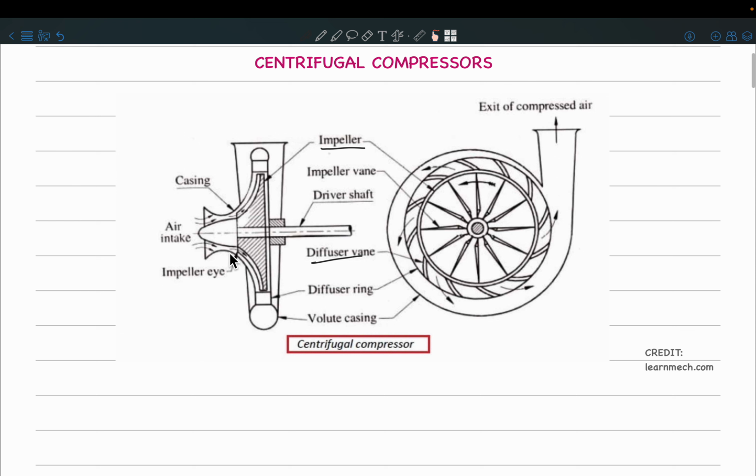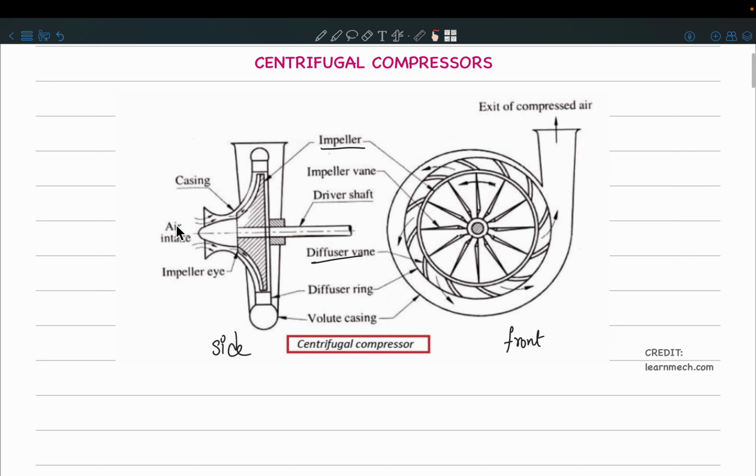Basically, what you can see in the first diagram is the side view, and this is the front view. Air is taken in along the axial direction, and the flow is completely converted from axial to radial direction.